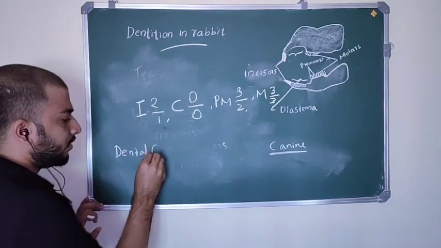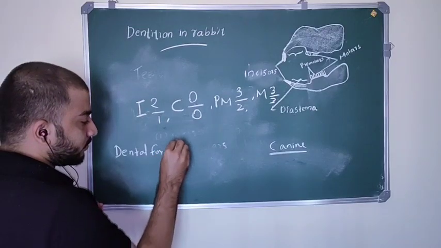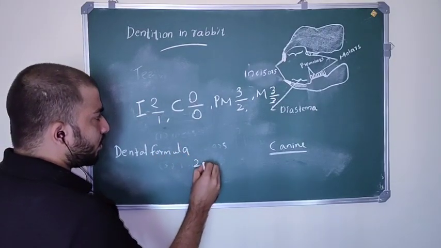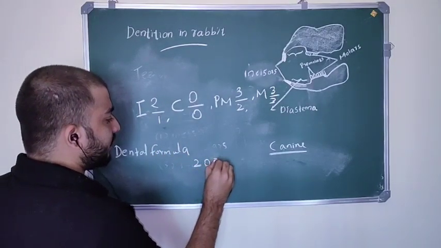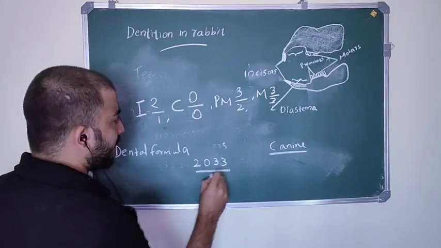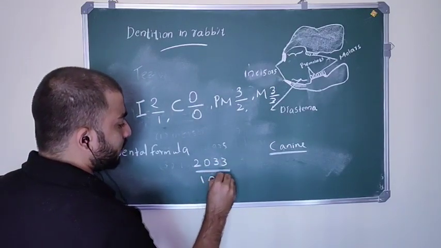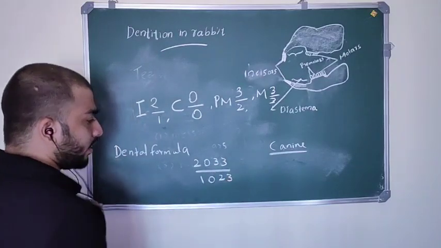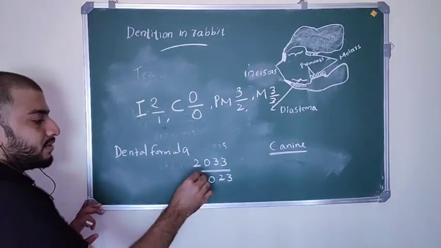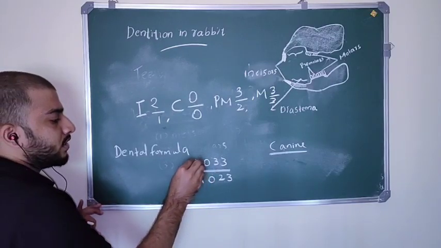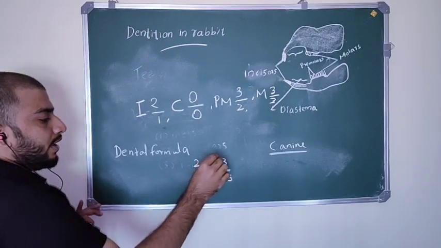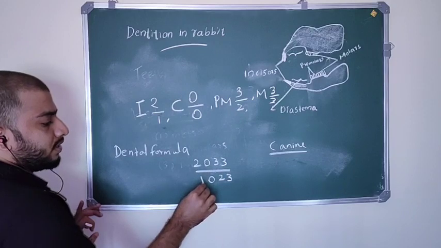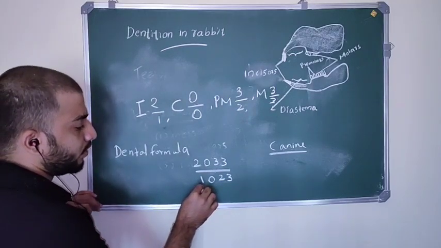Dental formula: 2 0 3 3 by 1 0 2 3. The 0 represents absence of canine. The 2 means the incisors present on the upper jaw, and 1 represents the incisor present on the lower jaw.